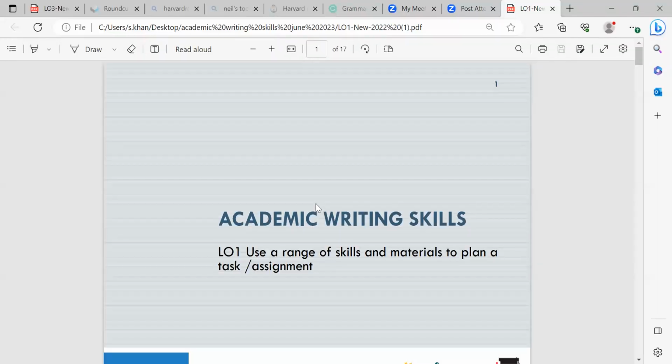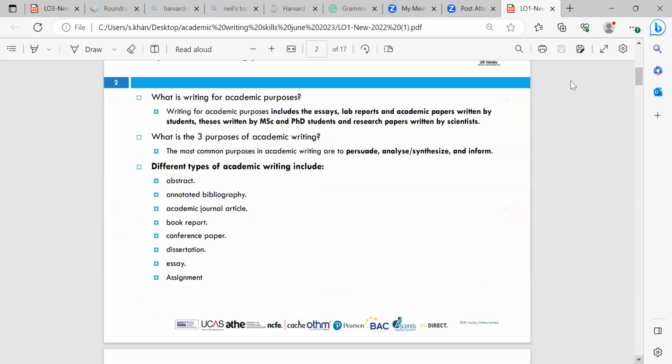Yes, yes. Okay. So when we looked at learning outcome 1, I'm going to go through it quite quick because we need to get on to doing the assignment bit as well, okay? We looked at learning outcome 1, which was to use a range of skills and materials to plan your task and assignment, okay?